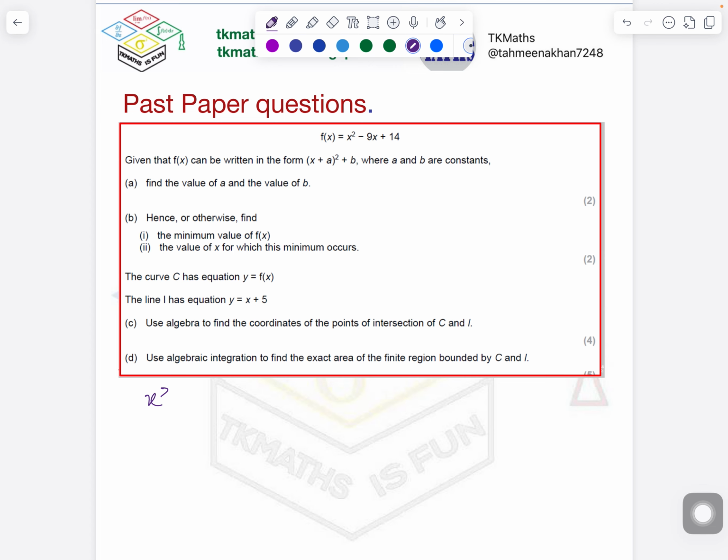So the equation is x square minus 9x plus 14. And according to the first part of the question, I have to change it into completing square form. I have to find the minimum value and the value of x at which this minimum value is occurring.